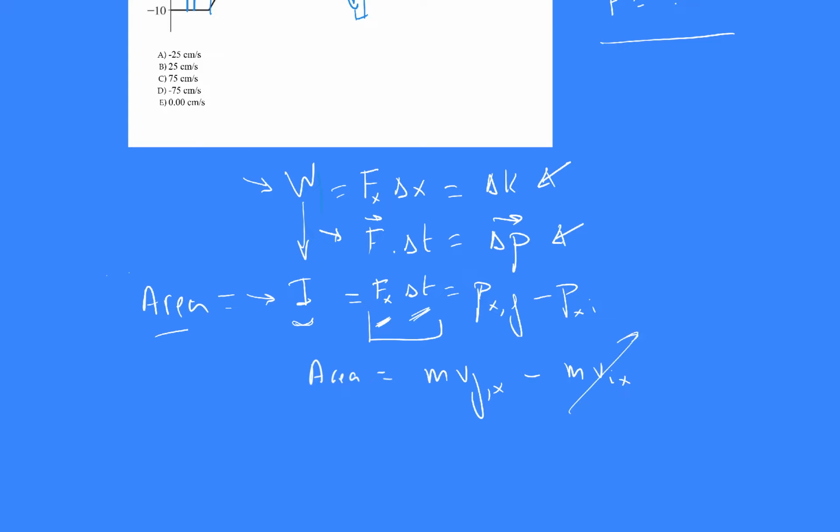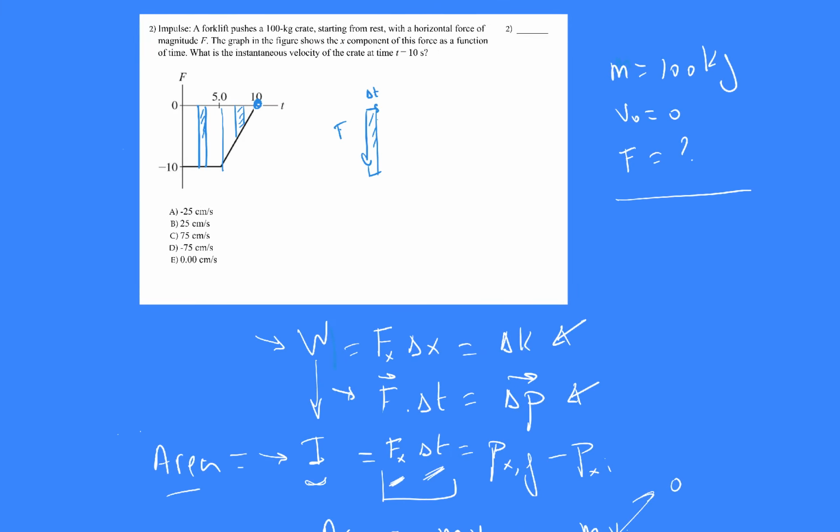Initially, vx is 0. So I have to find the area. So the v final x is the area below the curve divided by the mass. So what is the area? The area of a rectangle, 10 by 5.